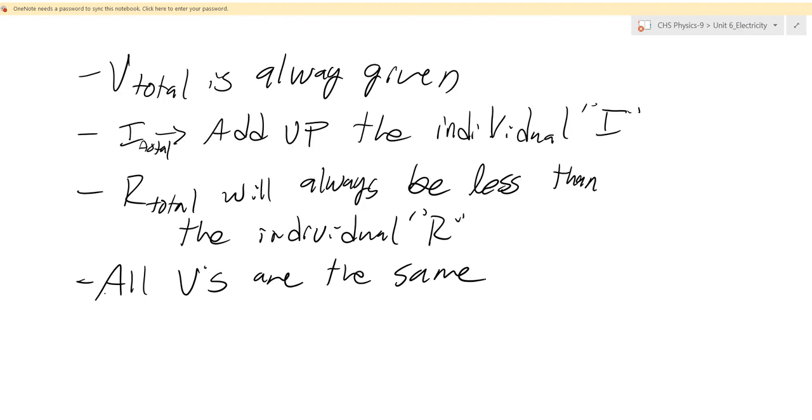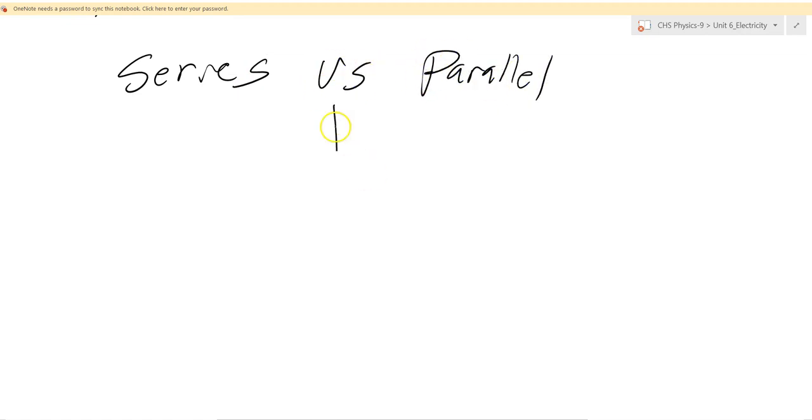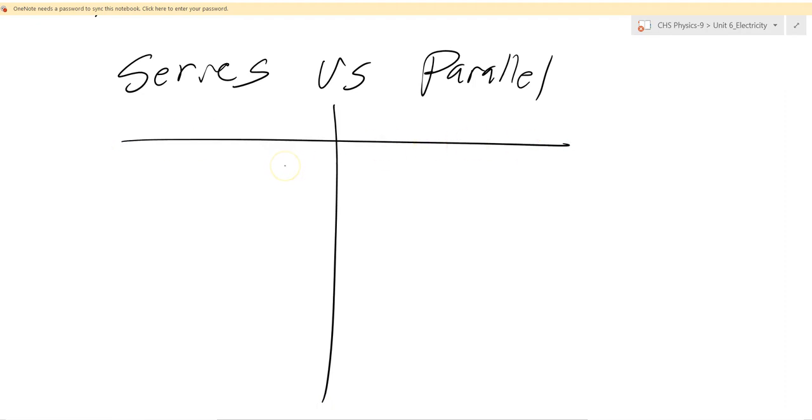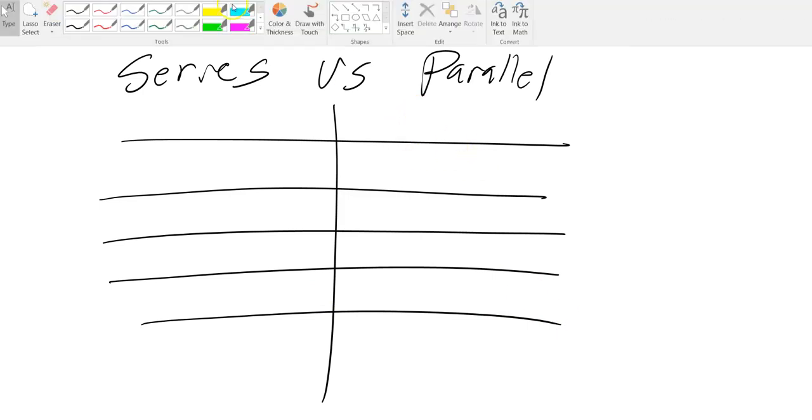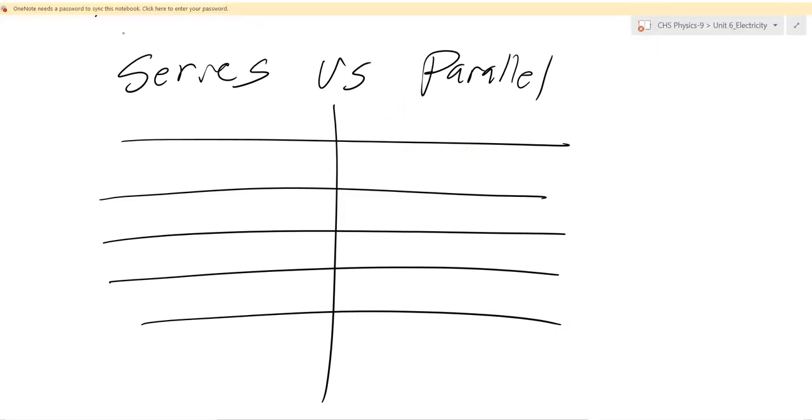And you may notice at this point that it's going to be difficult to keep series and parallel separated. So here's what I'm going to do. Series versus parallel. Let's talk about what is similar but different. So in a series, I is the same. For parallel, I is different.